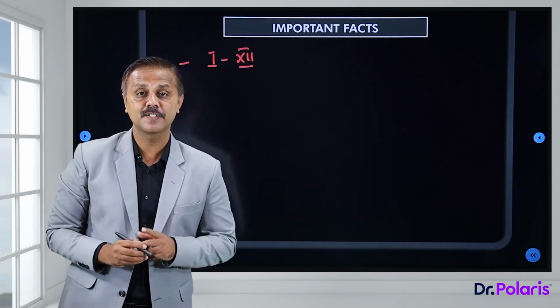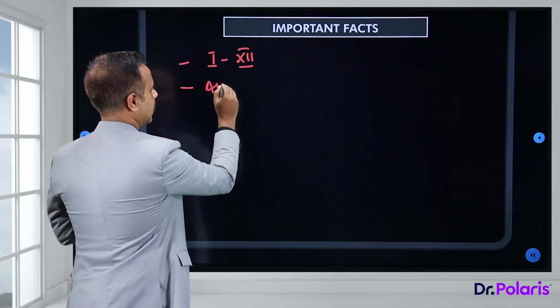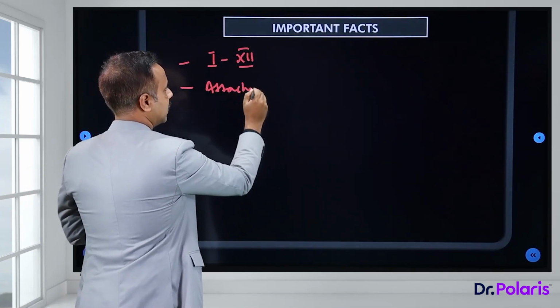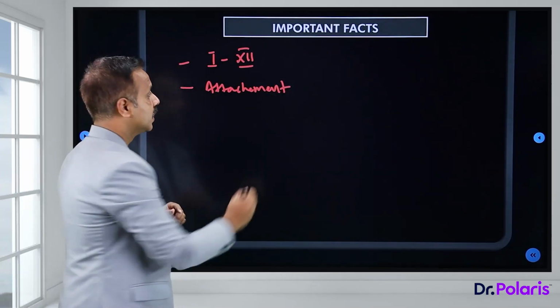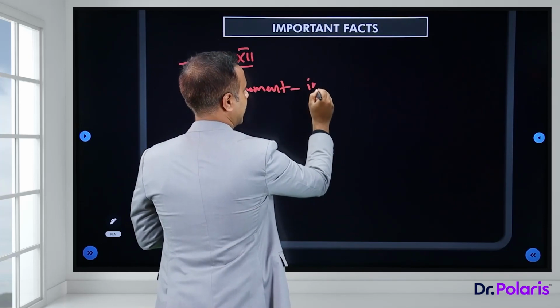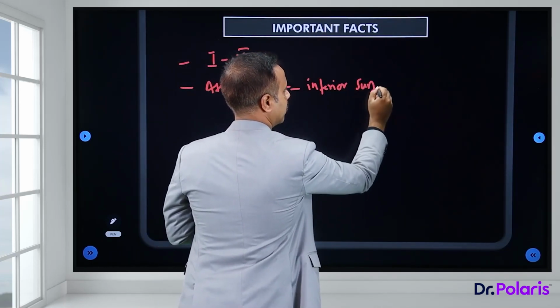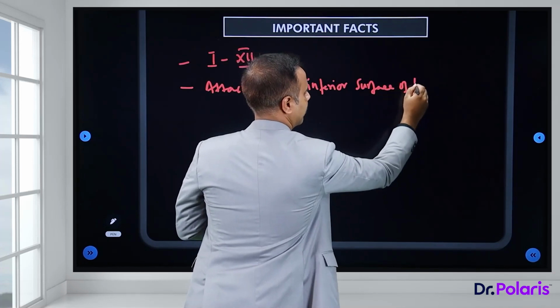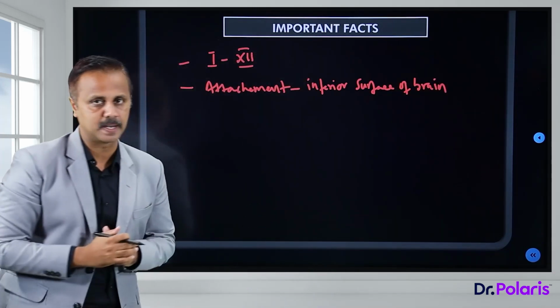Remember, cranial nerves are numbered based on their attachment. Now, attachment to where? Remember, attachment to the inferior surface of the brain, right? Based on their attachment to the inferior surface of the brain, these are classified as 1 to 12.